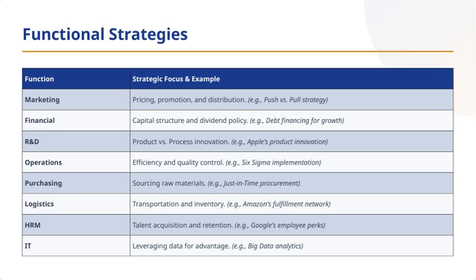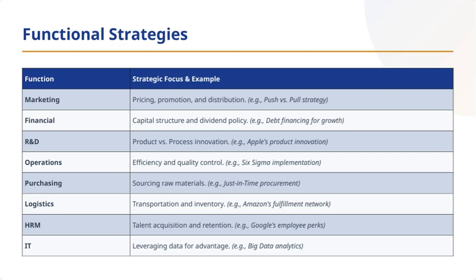Purchasing involves sourcing raw materials, and just-in-time procurement is a prime example. It helps minimize inventory costs by receiving materials exactly when needed, reducing waste and storage expenses. Logistics covers transportation and inventory management. Amazon's extensive fulfillment network is a great example, allowing for rapid delivery and efficient inventory turnover. Human resource management, or HRM, centers on attracting and retaining talent.